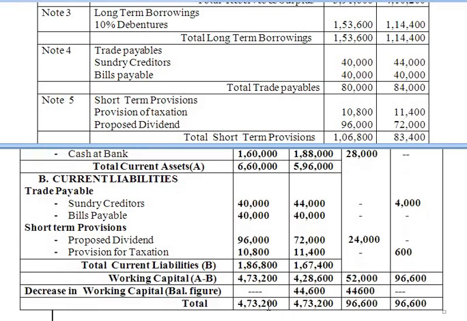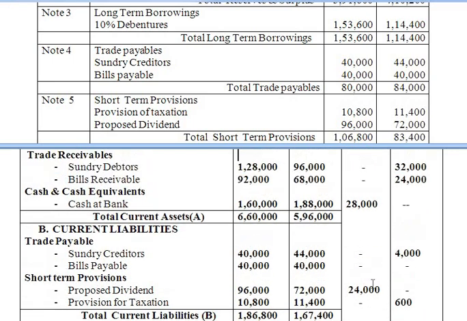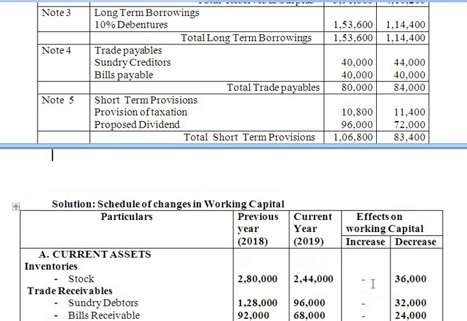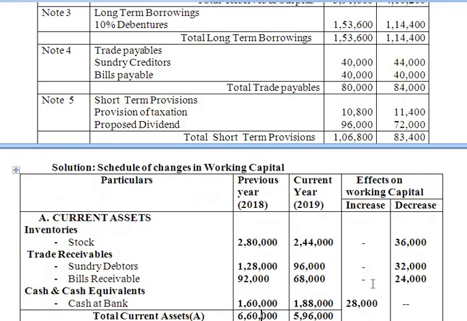Okay, and then last we have to make the total of all four columns. I hope you understood the calculation of working capital. In the next class we will be solving one more problem on working capital, and then we'll go for the calculation of funds from operations, and preparation of the funds flow statement.